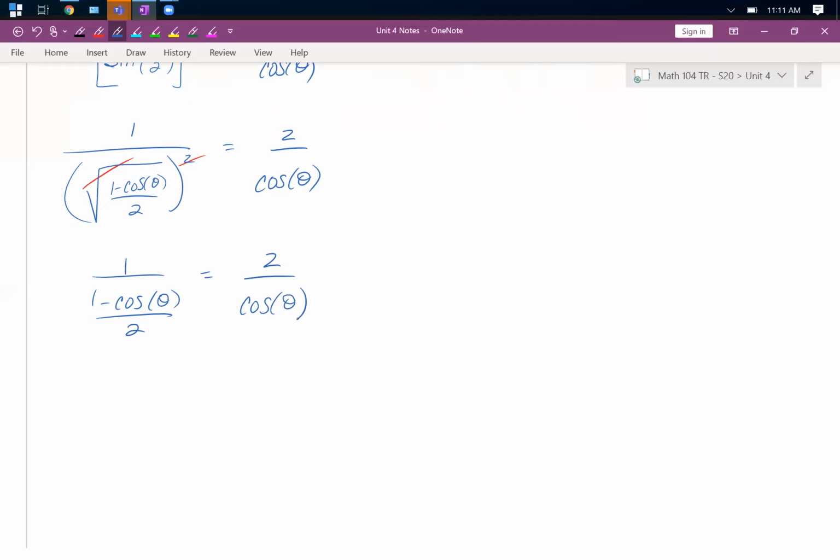Now we have an equation that has a single trig function, and that single trig function has the same argument. So this is a very positive direction for us. Now we just need to figure out how to solve that equation.